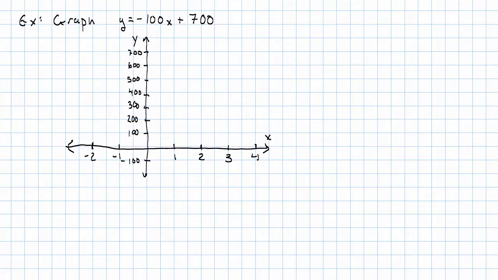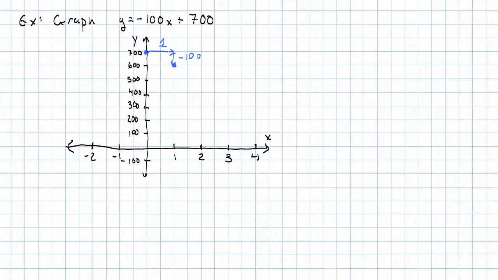Now we can plot the y-intercept. And we can use the slope. But remember, when we go over 1, that's this far. And when we go down 100, that's this far.